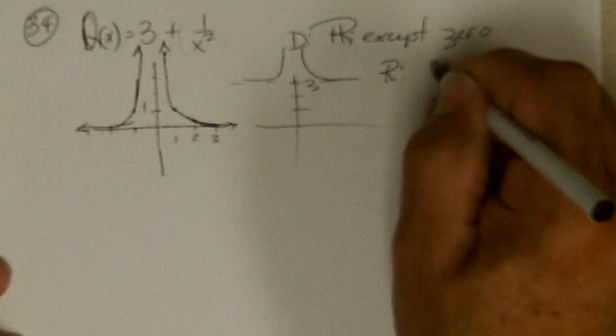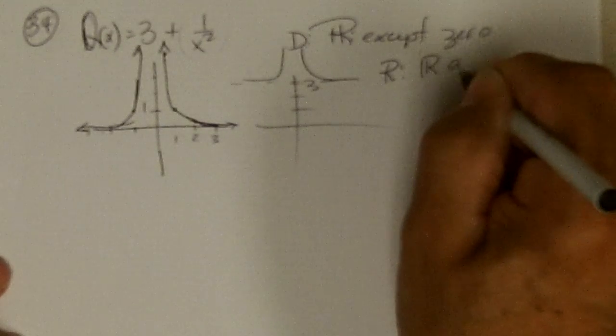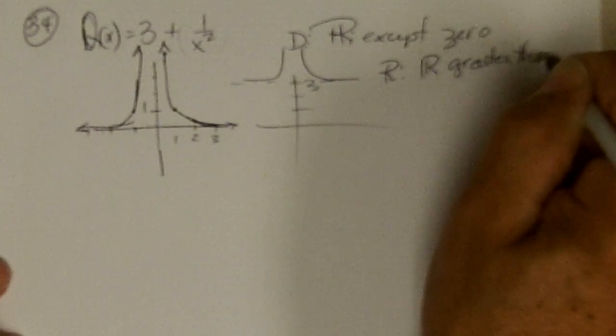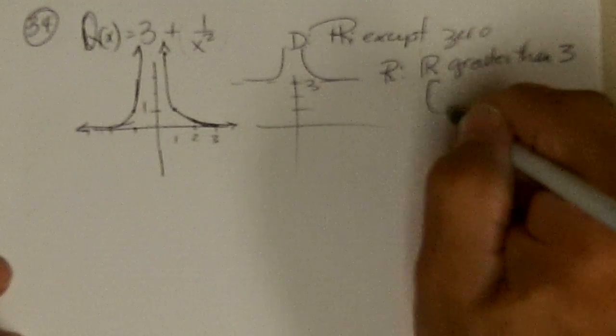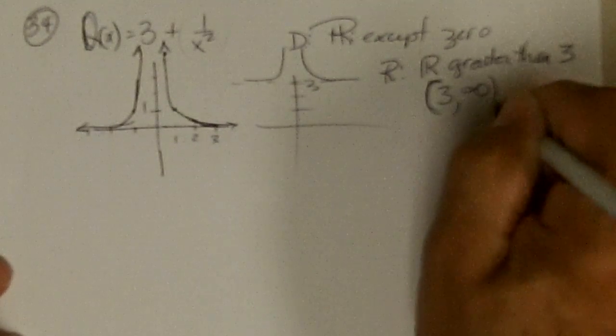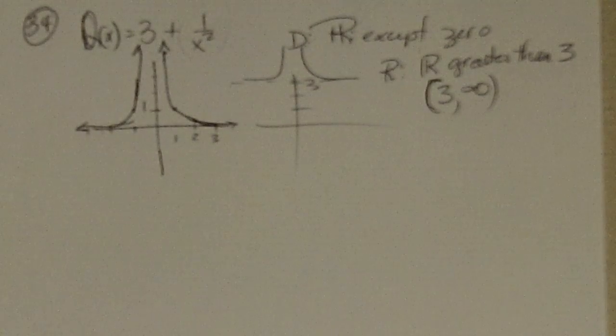So range is real numbers greater than 3, or I could say from 3 to infinity. That's the y values from 3 to infinity. Can't be 3, but right up to 3.